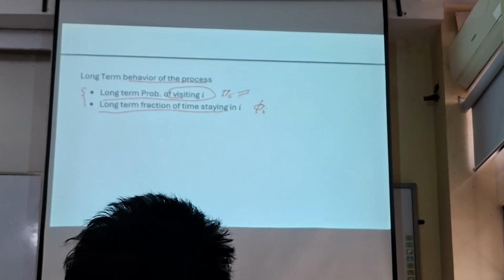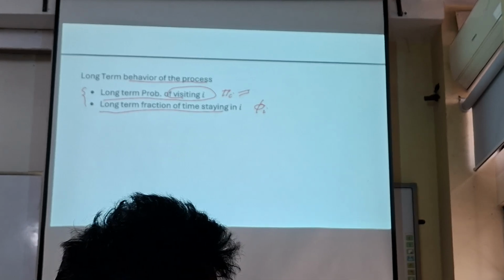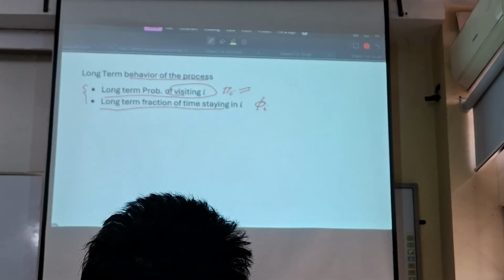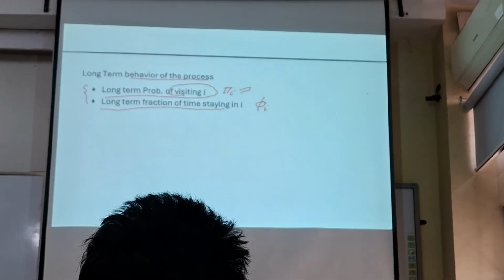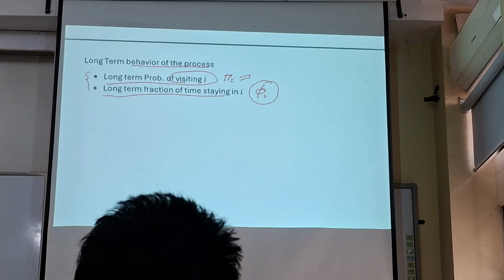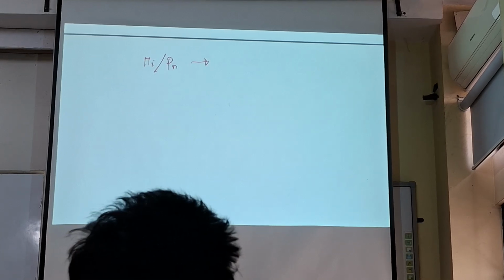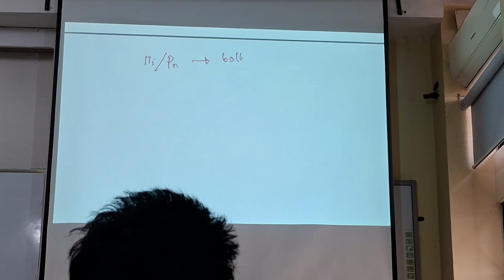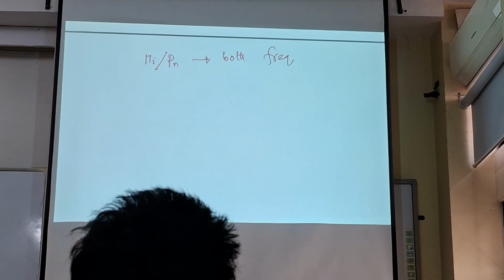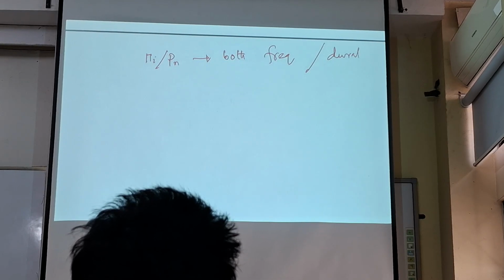Anyway, long-term probability of visiting state I and the long-term fraction of time. Now, we already have calculated this one. So our next job is to find this one. To find this one, as I already mentioned, in case of a DTMC or CTMC, p I or pi I, they both tell the long-term frequency and the long-term duration.